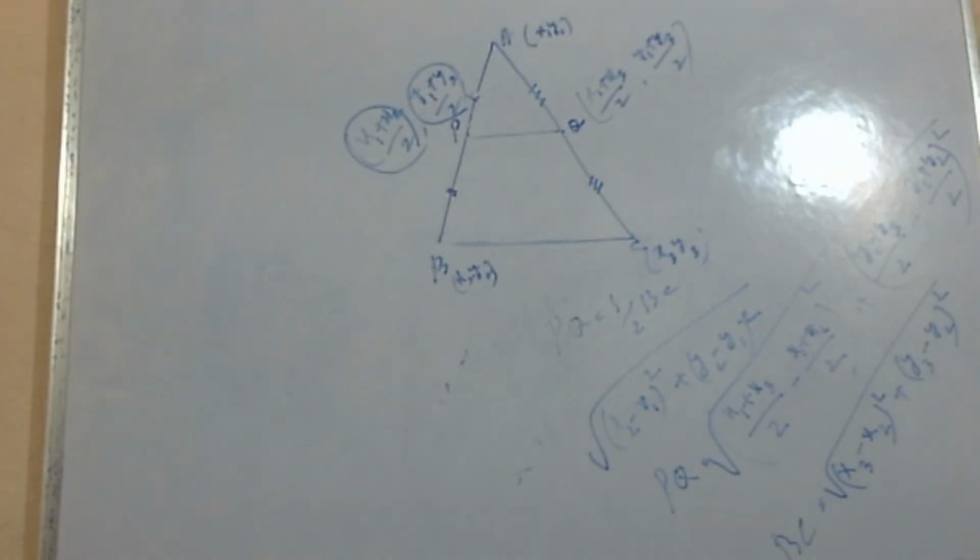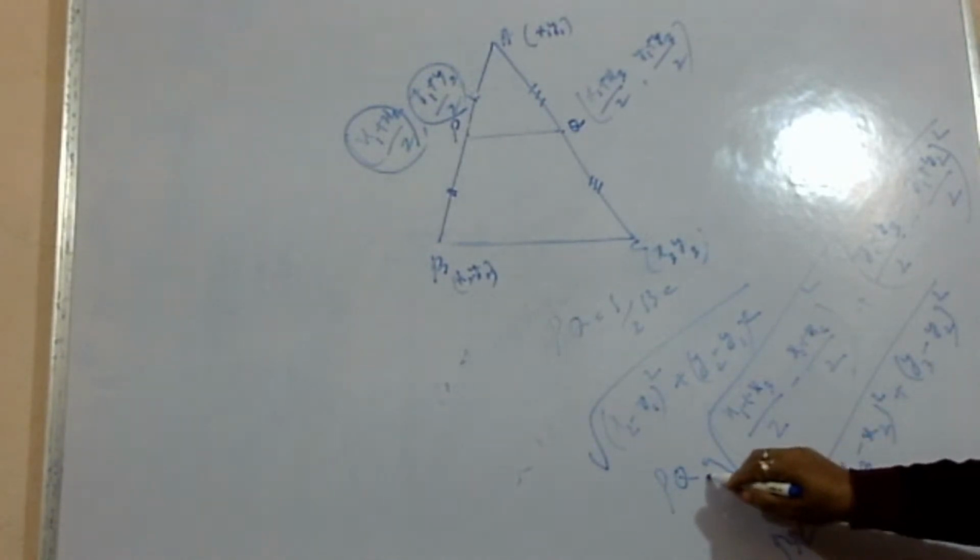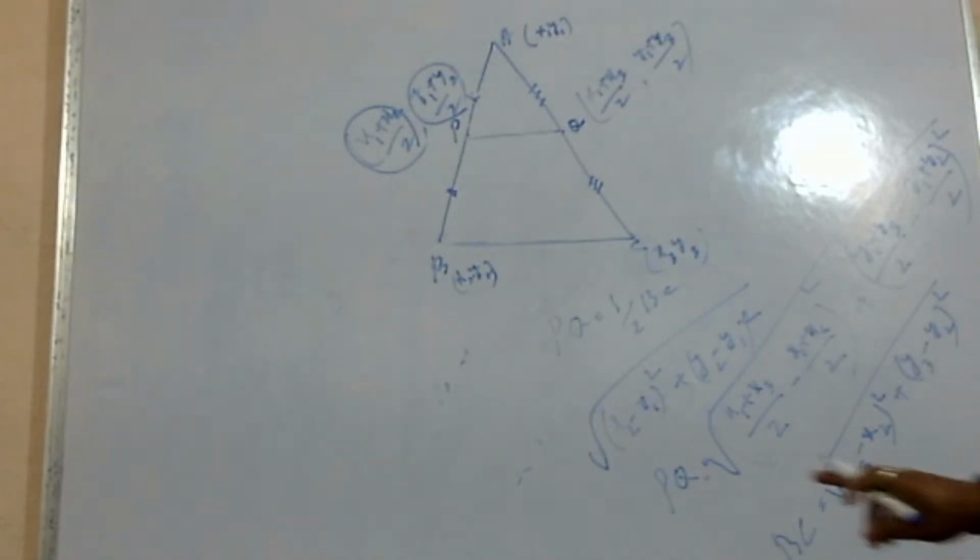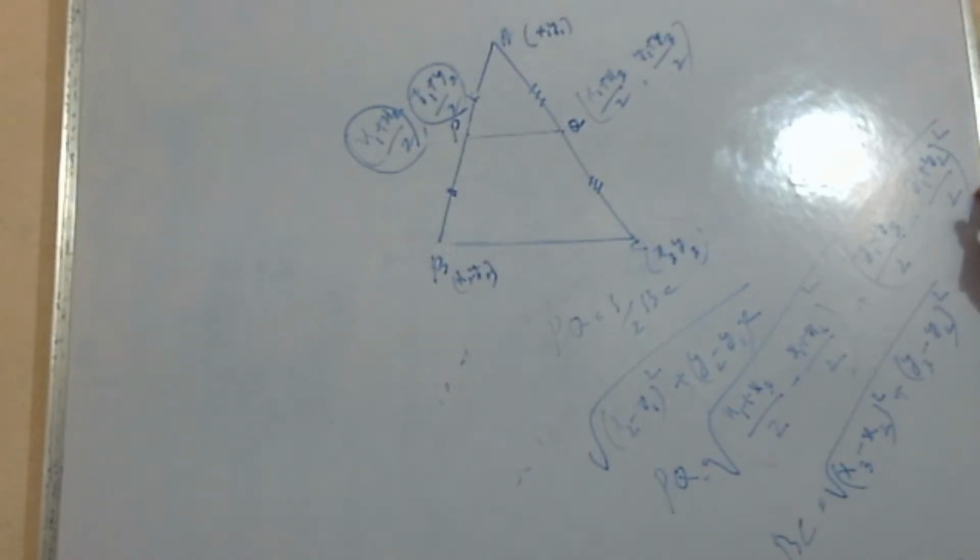Clear? After simplifying the distance formula of the PQ, at the end you find that PQ equal to half of the BC. Clear? Yes. Any doubts? No.